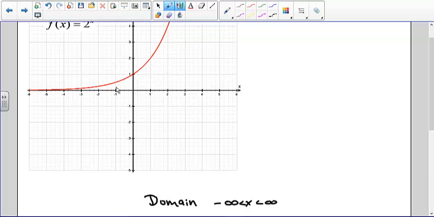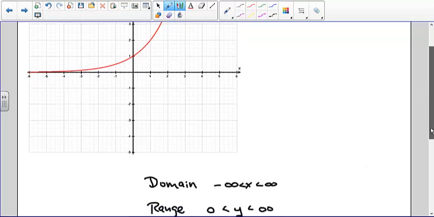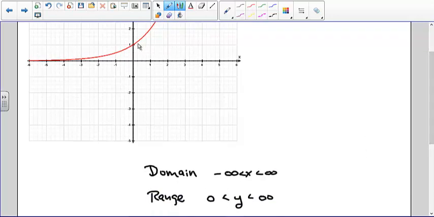So the domain goes from negative infinity to positive infinity. The range: 2 to the x is always a positive quantity. So it never equals 0, and y is greater than 0 and less than infinity.